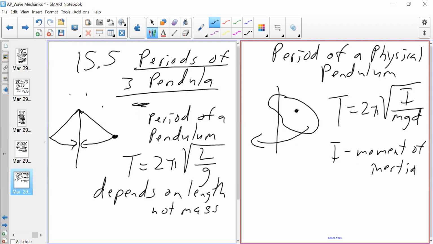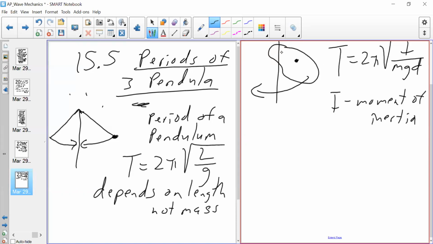But let me, in the time that we have, extrapolate on that a little bit. Let's say this is our axis of rotation right here. Let me draw this out a little bit more. This axis of rotation we're going to call O. And then the center of mass, like I said, is arbitrary.